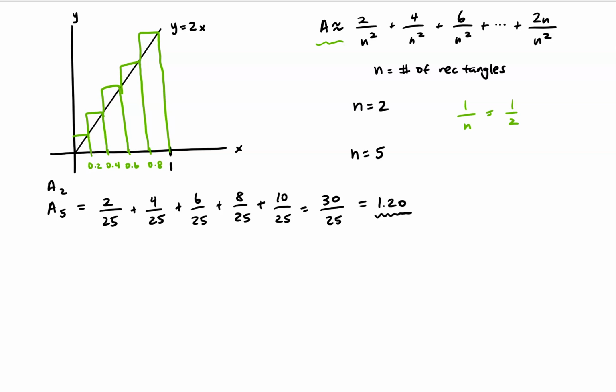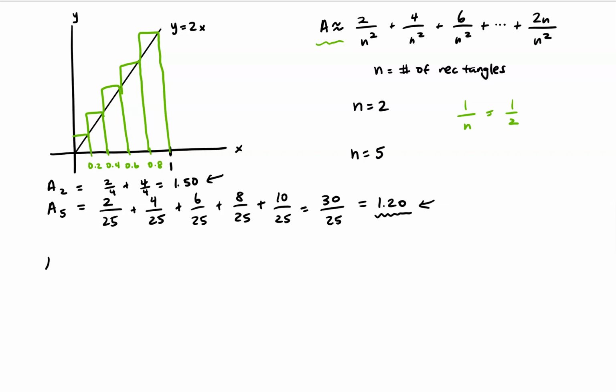Remember a sub 2, that was 2 over 4 plus 4 over 4. So that's 1.5. I think I miscalculated it earlier. I think I said I got 2.5 maybe. So notice that this area is closer than this area because we're using more rectangles.